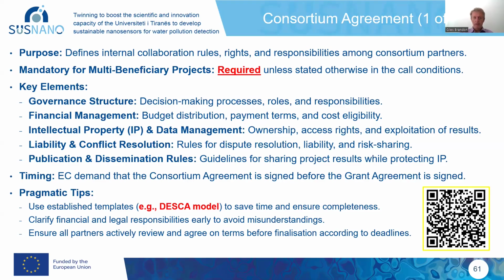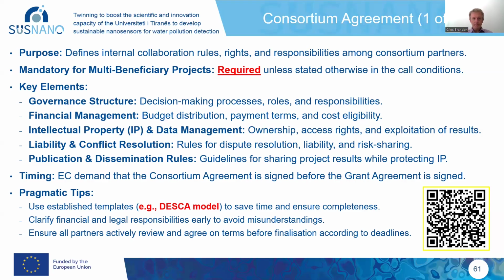If you have a project which involves consortium partners, the Commission will always require that you have a consortium agreement, and not only that you have one amongst the partners, but that it's been prepared, concluded and signed before the grant agreement for the project is signed between the coordinator and the European Commission. That's what the Commission requires.